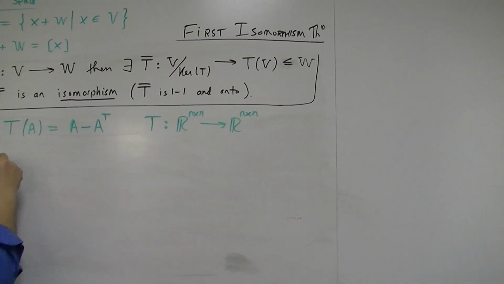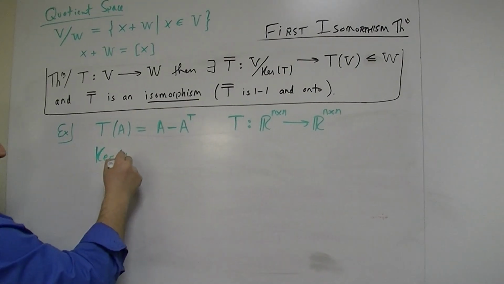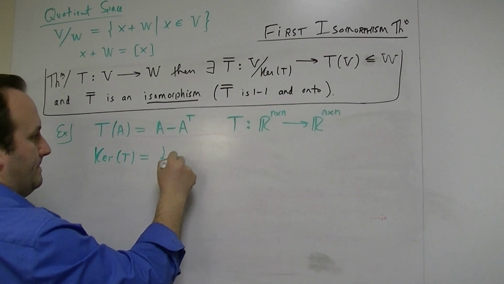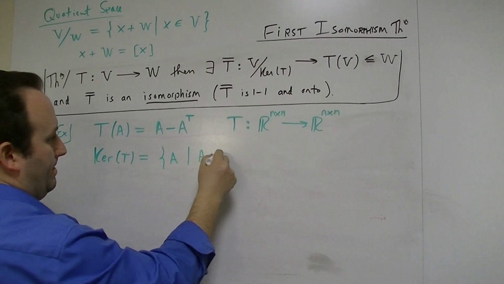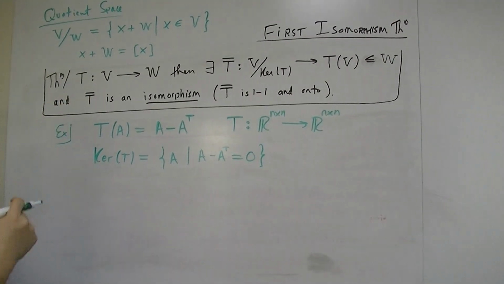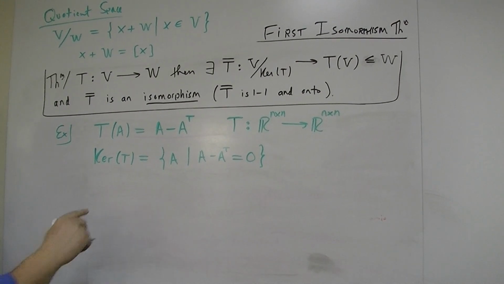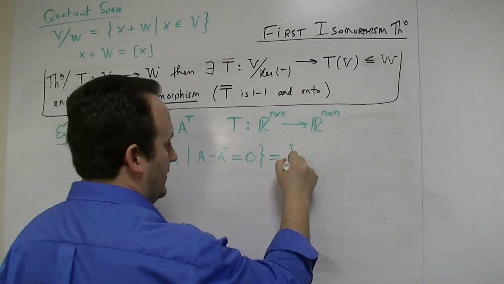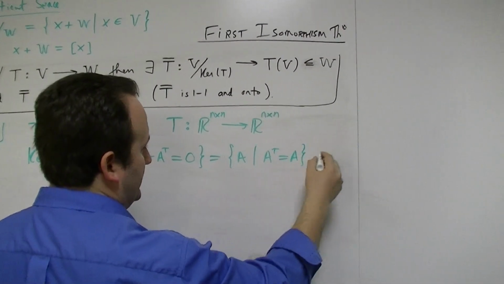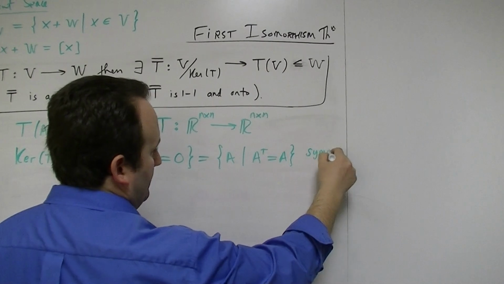What's the kernel of T? Right? So that's A such that T of A is 0, but that's exactly A such that A transpose is equal to A, right? So in other words, the kernel is symmetric matrices.